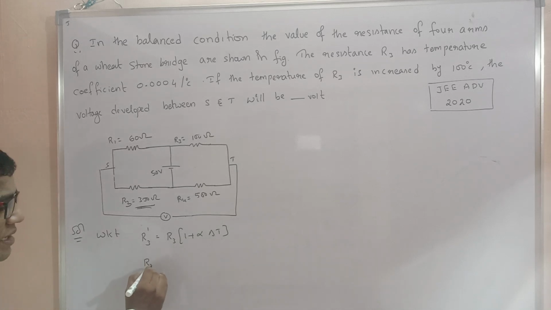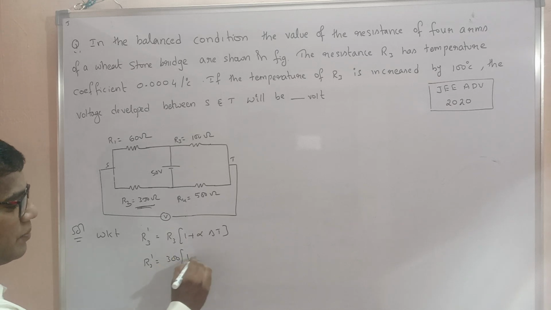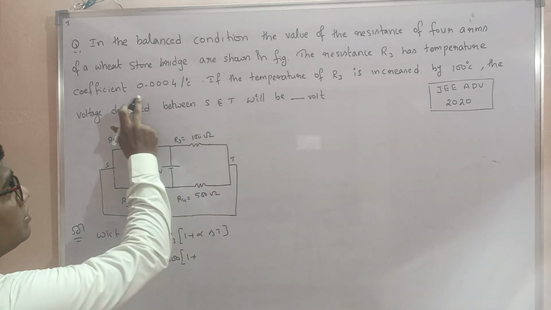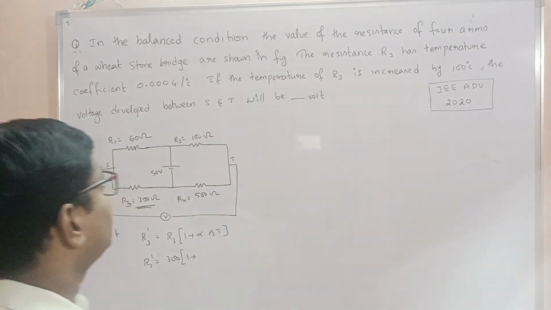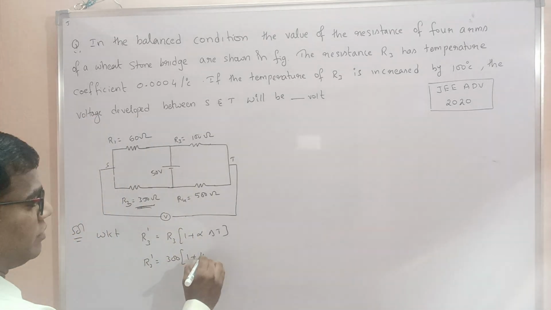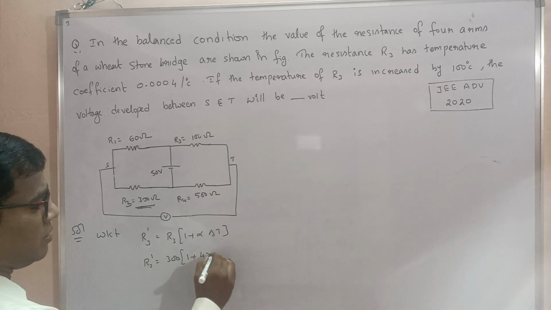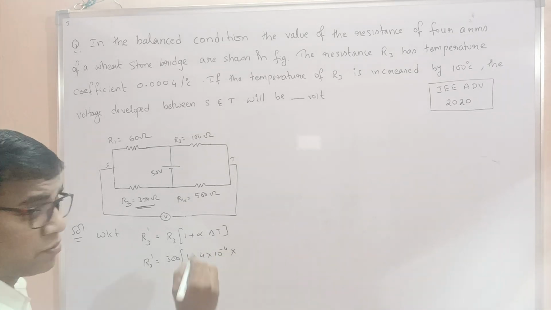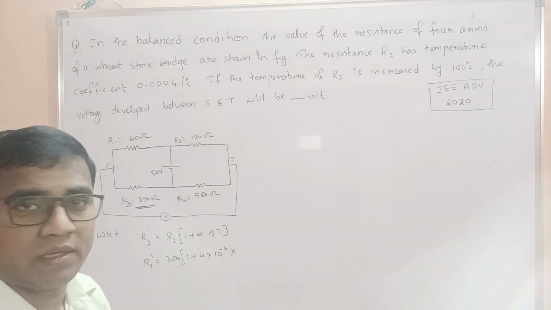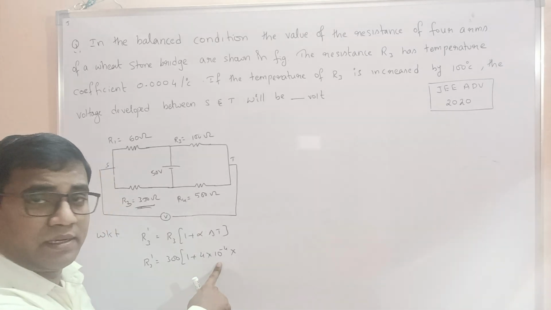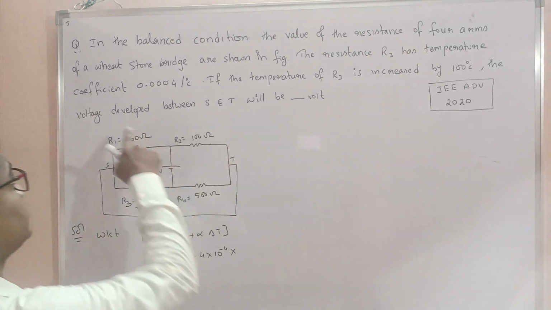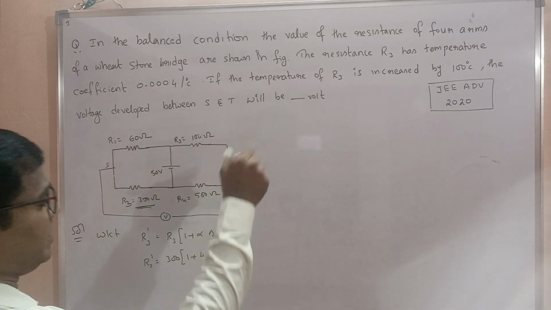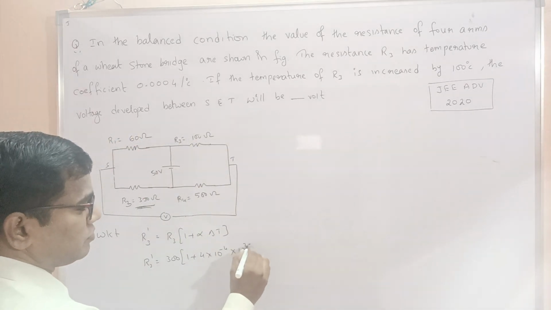R3 is given as 300, alpha is given as 0.0004, which I write as 4 into 10 power minus 4, and the temperature is raised by 100 degrees, which is 10 power 2.